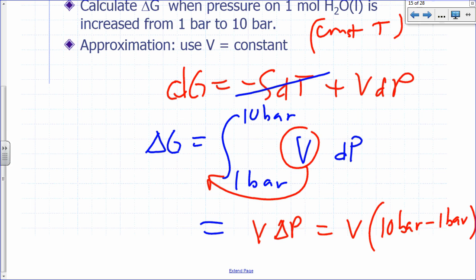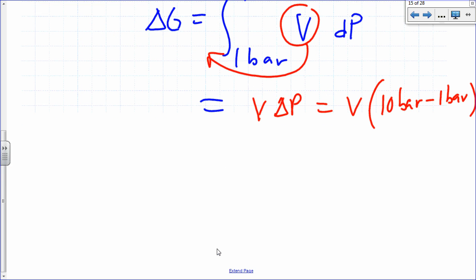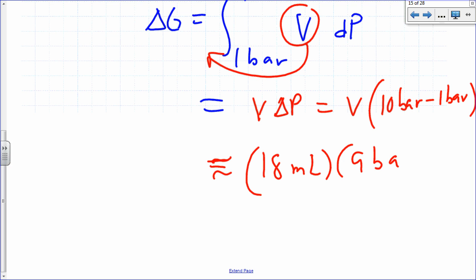What's the volume of 1 mole of water? 1 mole of water is 18 grams. What's the density of water approximately? 1 gram per mL. So 18 grams will have a volume of approximately 18 mL, times 9 bar.